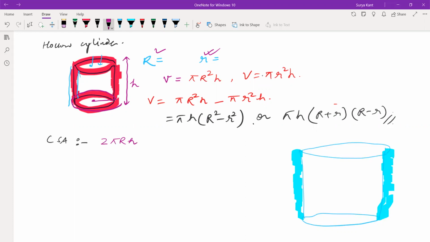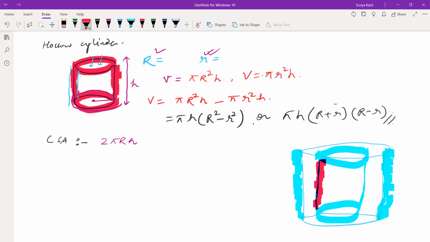Now think about the smaller one also. In between, what is there? This one small cylinder again, correct? This one also you can touch from inside. See, can you touch this part? So what is the CSA of this part? 2 pi smaller r h. Understood? So here 2 pi h is common.